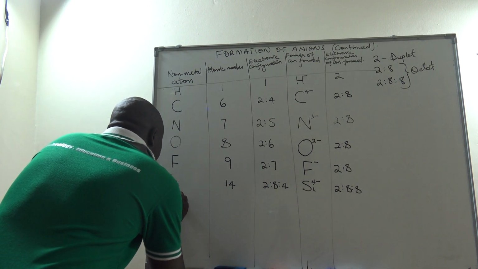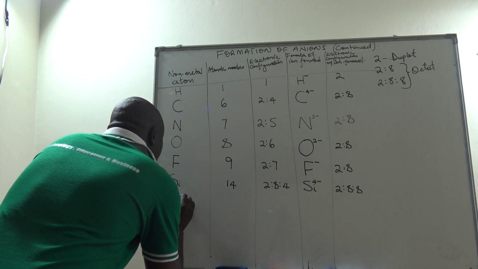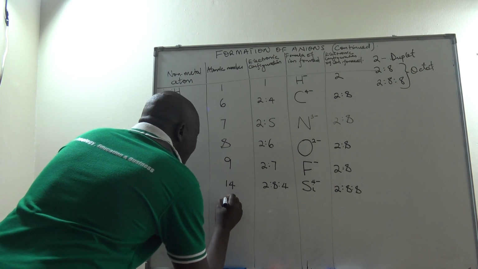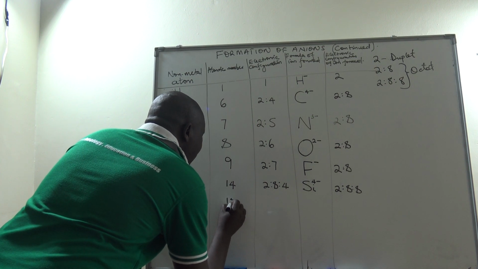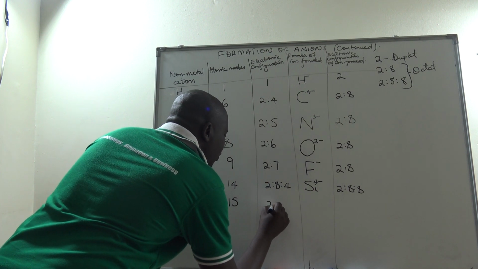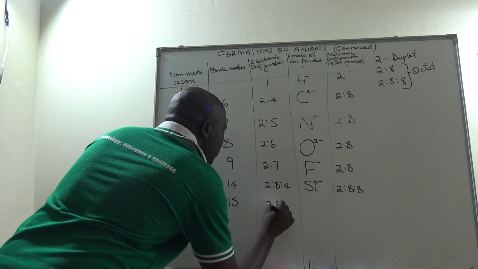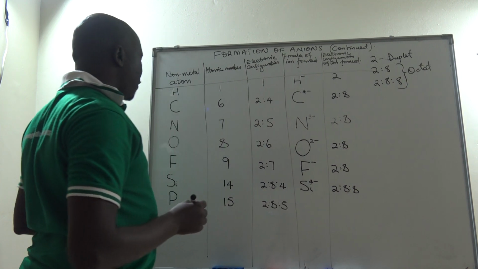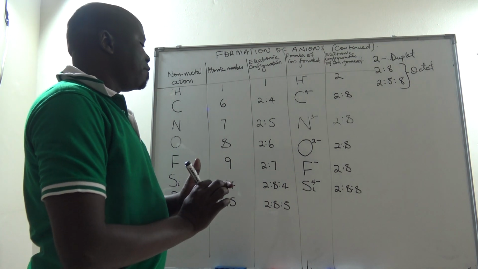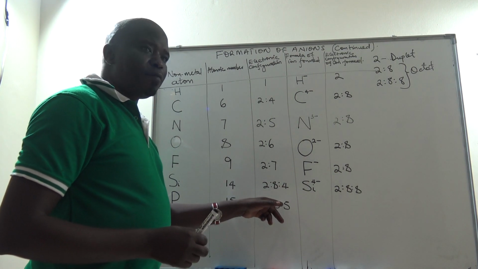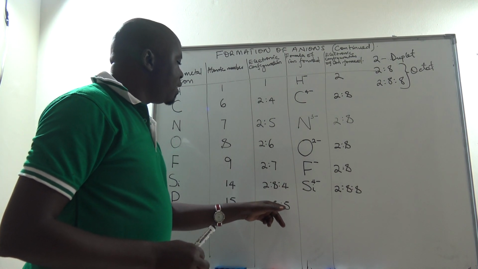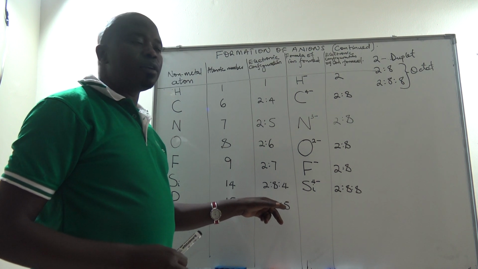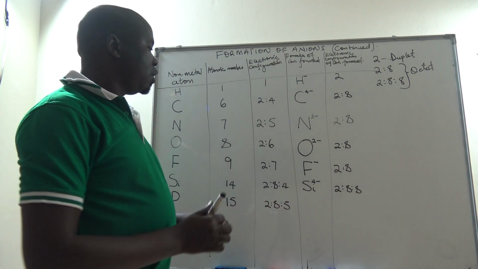Let us go to phosphorus. A phosphorus atom has got atomic number 15, electronic configuration 2, 8, 5, and the valency of phosphorus is 8 minus 5, which is 3, meaning that a phosphorus atom will gain 3 electrons and that will fill its outermost shell.